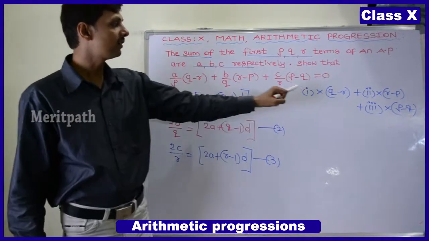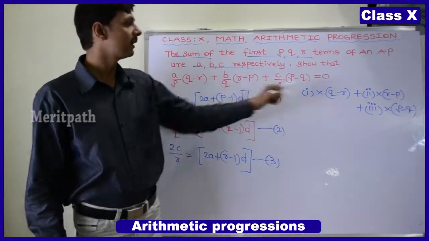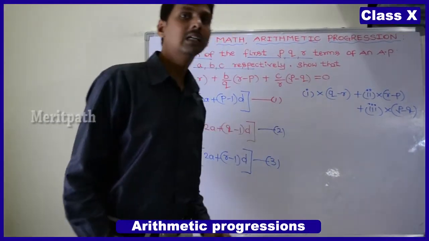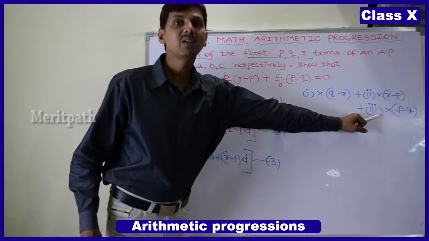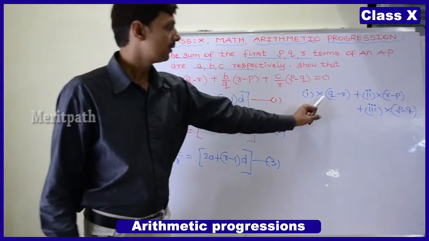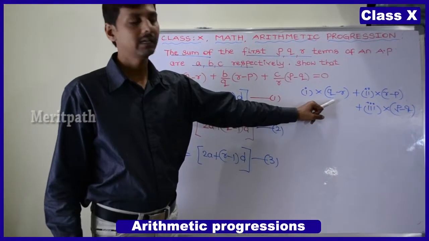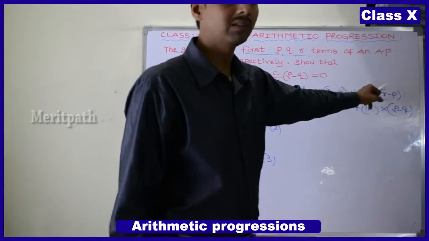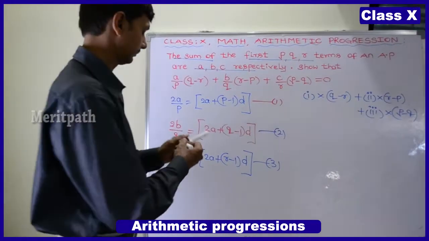So let us multiply the first equation by q minus r, the second equation by r minus p, and the third equation by p minus q. After multiplying respectively, we add the terms: first equation plus second equation plus third equation.